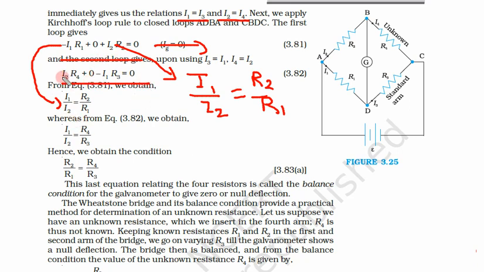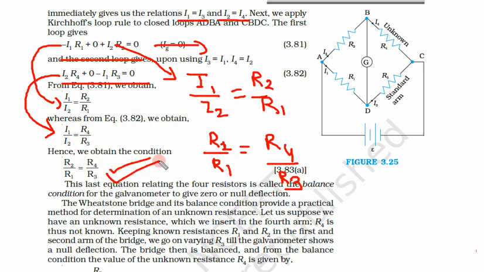So we get I1 upon I2 is equal to R4 upon R3. Now we have the same thing, I1 upon I2 here and I1 upon I2 here, so equating the right hand sides, we get R2 upon R1 is equal to R4 upon R3. So this is the balance condition. This is the condition when the bridge will become balanced.